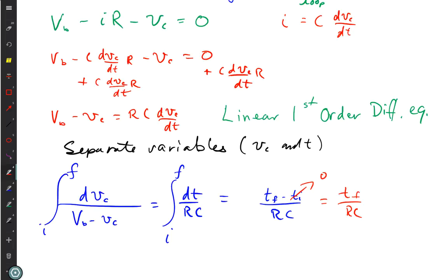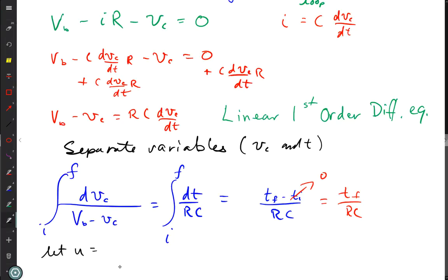So we will simply define, let U equal VB minus VC. So that means du is equal to minus dVC. And this becomes, I ran out of space, the integral from initial to final conditions of, notice there's a minus sign there because it was minus VC. So it's going to be minus du over u.